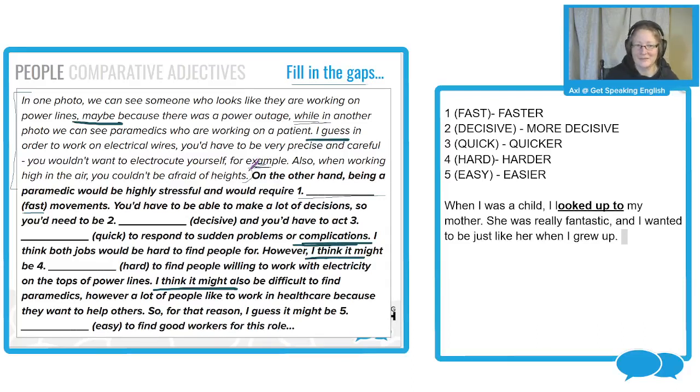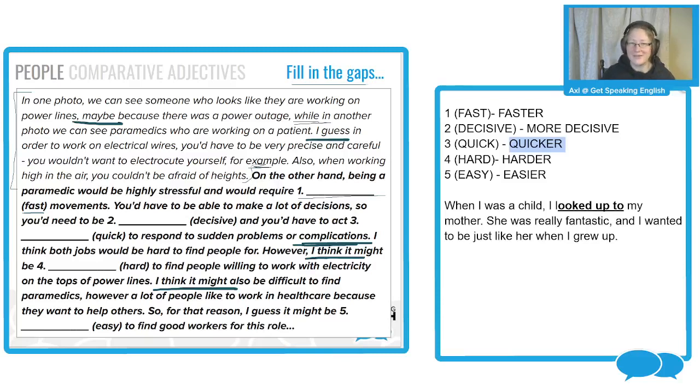So on the other hand, being a paramedic would be slightly stressful and would require faster movements. You'd have to be able to make a lot of decisions, so you'd need to be more decisive. So we're going to use more here because decisive has multiple syllables. So more decisive, and you'd have to act quicker to respond to sudden problems or complications.